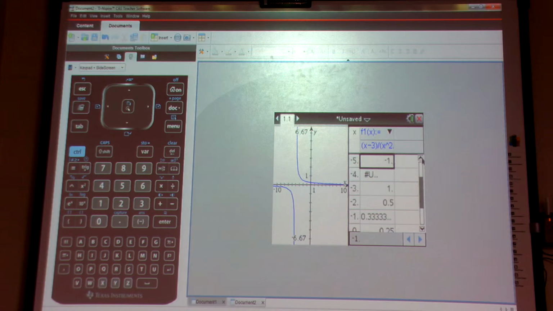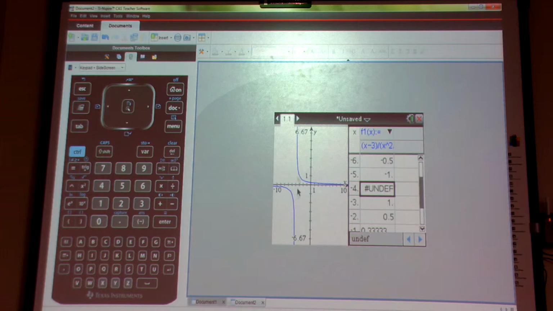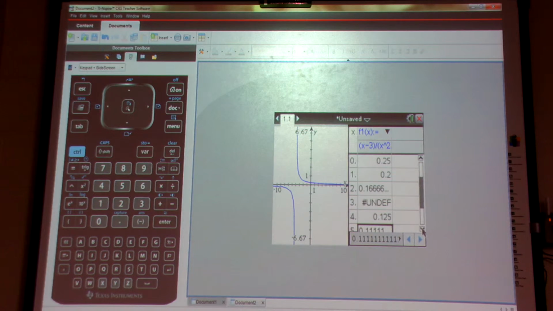maybe, here's your x values and see at -6, -5, but then at -4, it's undefined, which makes sense because we know there is a vertical asymptote there. It doesn't exist. But if I scroll down, at 3, there's undefined again.